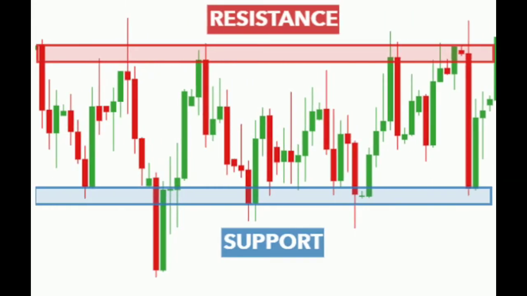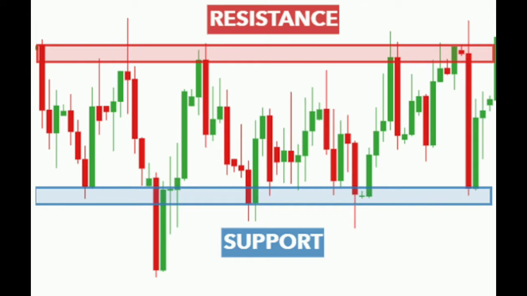The Forex chart is made up of candlesticks. You have your bullish candlesticks, which form upward from your support level, and you have your bearish candlesticks, which form downwards from your resistance level. Resistance and support zones: your resistance zone is usually found at the top, and your support zone is usually found at the bottom.